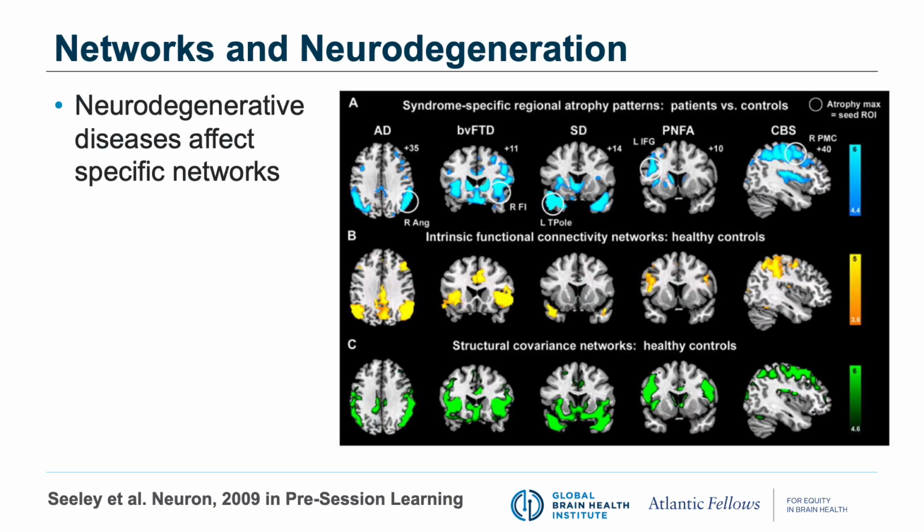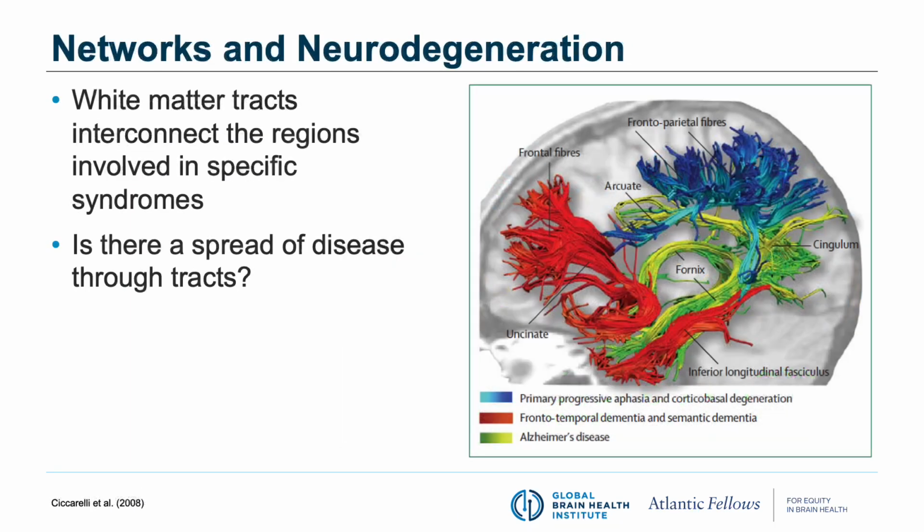So this really reinforced the idea that the atrophy patterns in neurodegenerative disease are a reflection of the normal networks in the brain and the membership of different regions of the brain. And it's really led to the idea that maybe some of the pathological actors in these neurodegenerative diseases actually might move from region to region through networks in the brain.